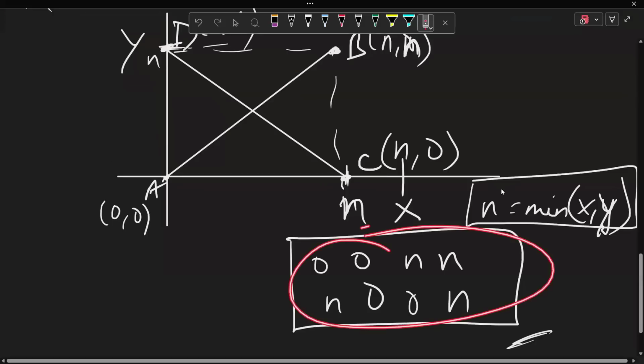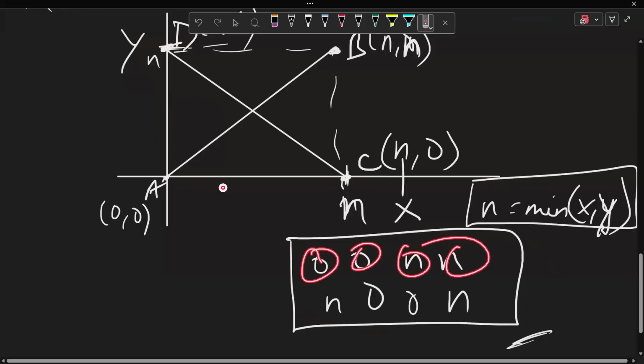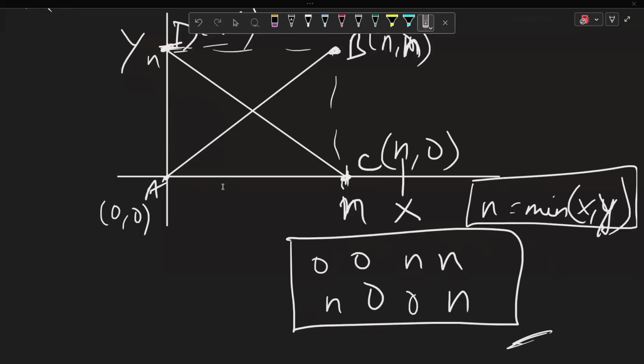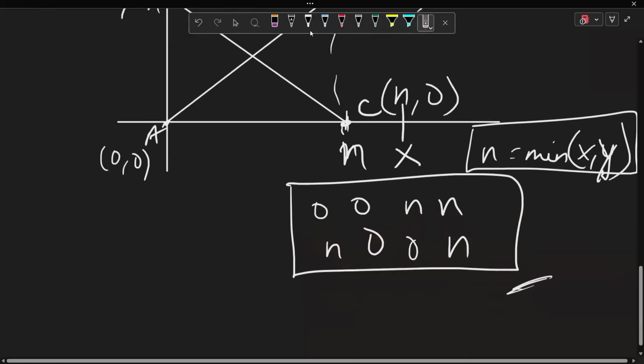So our code would be very simple. n would be the minimum of x and y, and we would just print 0 space 0 space n space n. Then we would have 0 space n, and n space 0. You can write n0 and 0n, or you can also write it as 0n and n0.